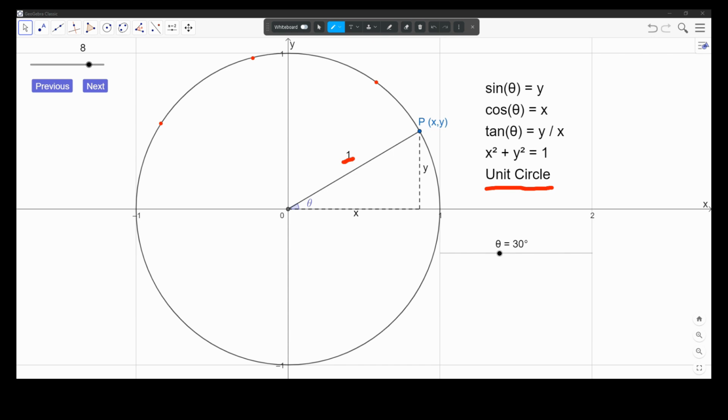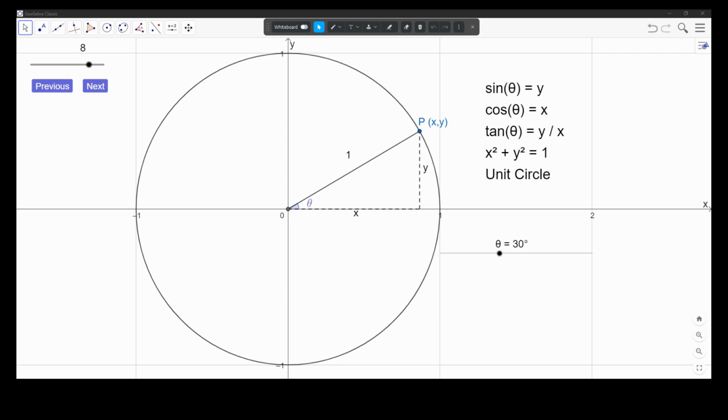I can arrive at any other point, say a point here or a point here, simply by scaling this triangle. So it's sufficient for us to discuss the points that lie on the unit circle, because we can expand that just through scaling of the relevant coordinates to arrive at any other point.